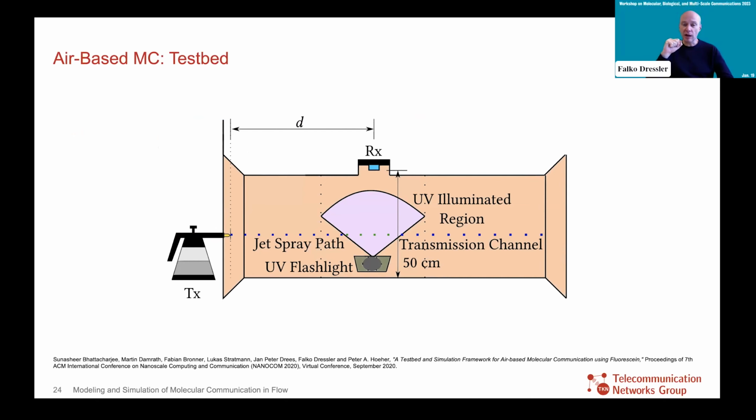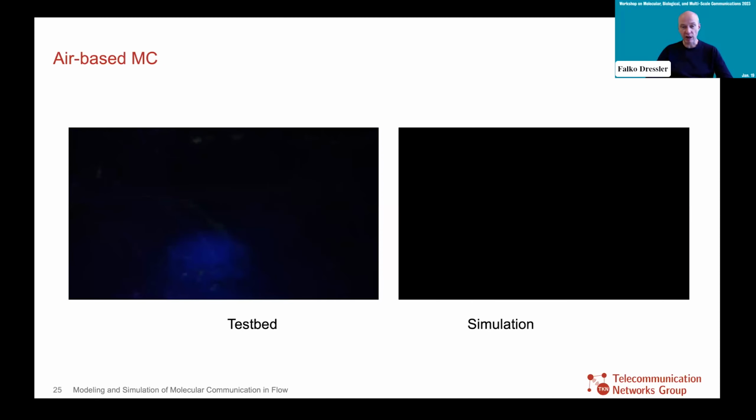In addition, we have the ability to observe the movement of our particles, because we use illuminated particles that can be illuminated using ultraviolet flashlights, so that we can exactly follow the trajectories of these particles, and later on represent the same system in a simulated environment.